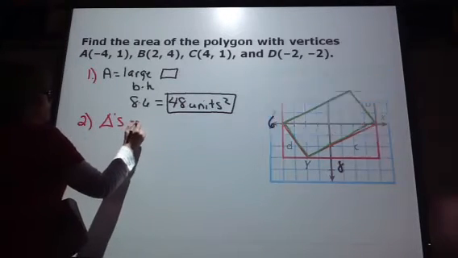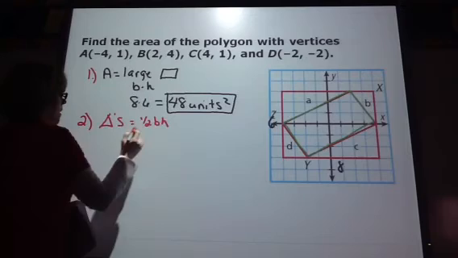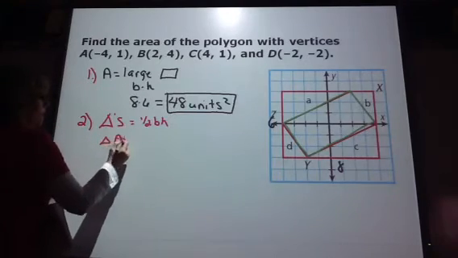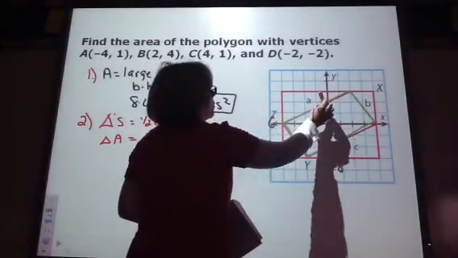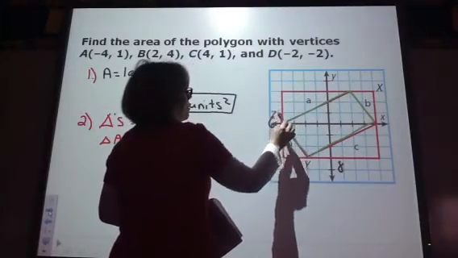Okay, so remember, area of a triangle is half of your base times your height, so let's look at triangle A. So we have 1, 2, 3, 4, 5, 6, 1, 2, 3.